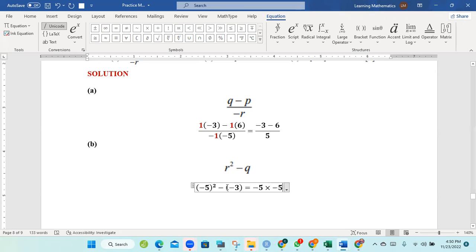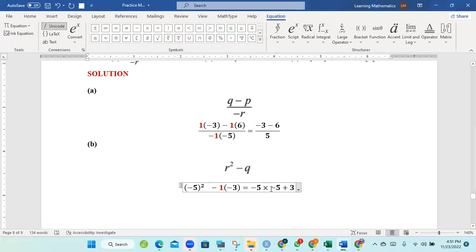Now there's an invisible -1 outside of this bracket here. So technically, what is going on here now is a -1 times a -3. A negative times a negative is a positive, so that's +3.